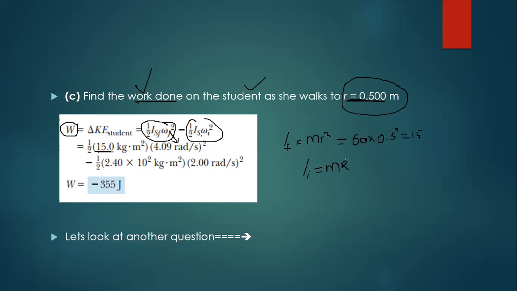Remember, radius is squared. So we have 60 multiplied by the merry-go-round radius of 2, squared, because that's where the student was. She was standing on the edge, so her radius is the radius of the merry-go-round.